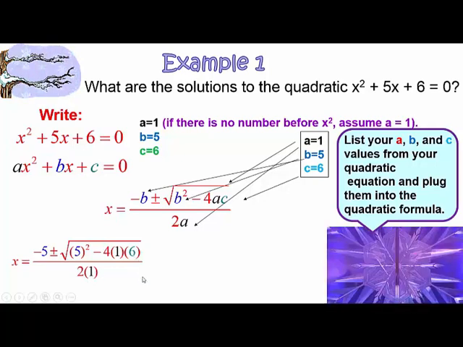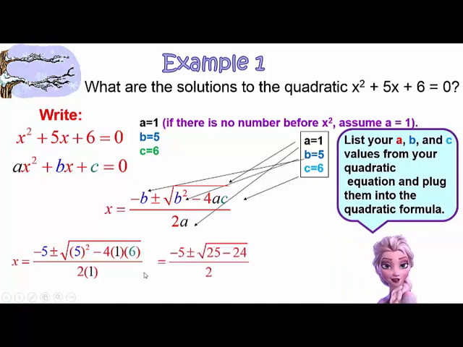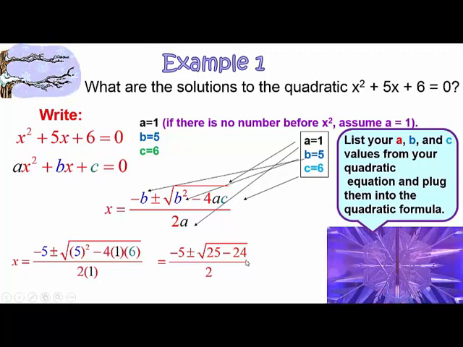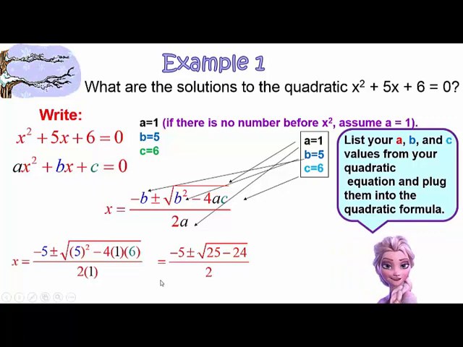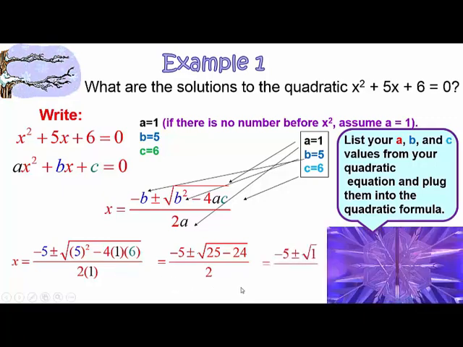And then we just proceed to solve it. So we have 5 squared is 25 minus 4 times 6, well, times 1 is equal to 24, and then that's all over 2 times 1, which is just 2.